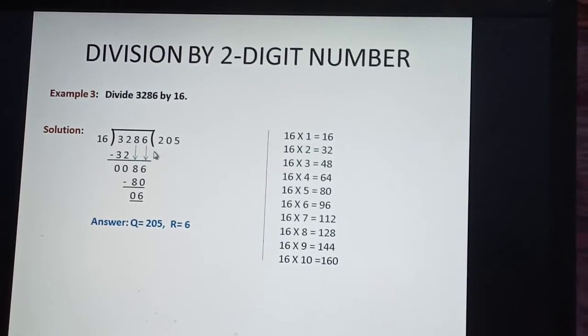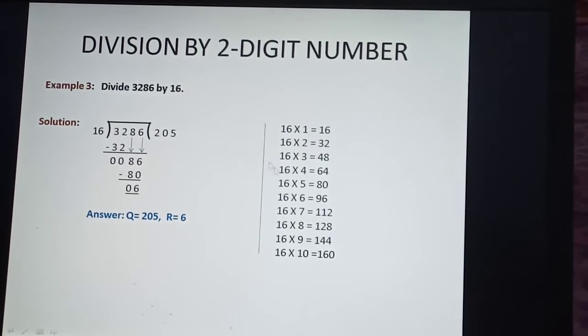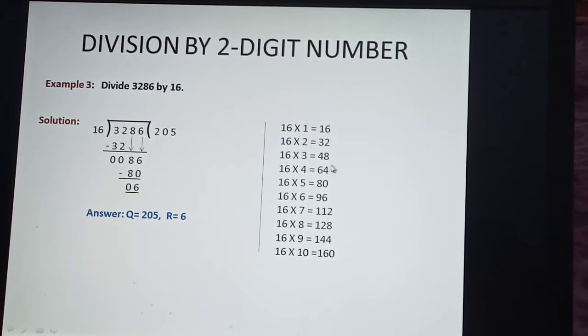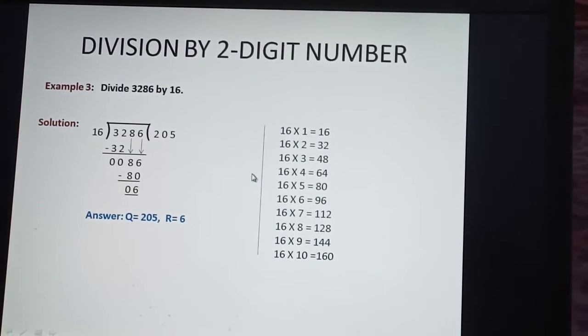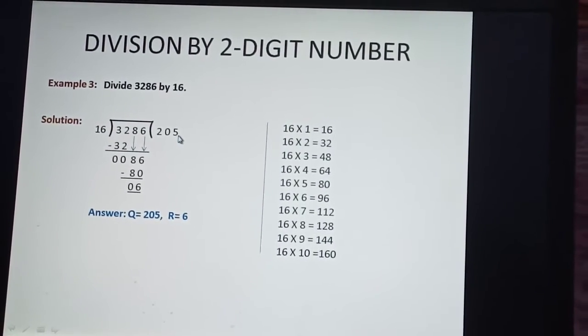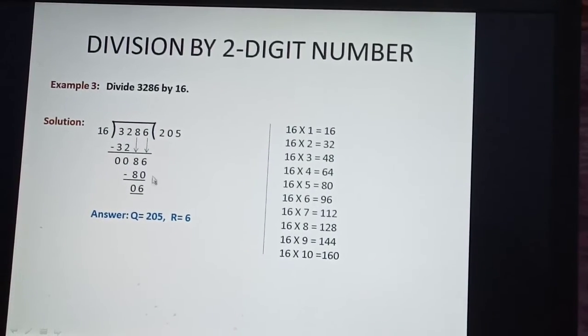Now we have the number 86. Now we will see a number less than 86 in the table of 16. What is that number? 80. 16 fives are 80. So we will write 5 here and we will subtract 80 from 86. After subtraction we will get the number 6.